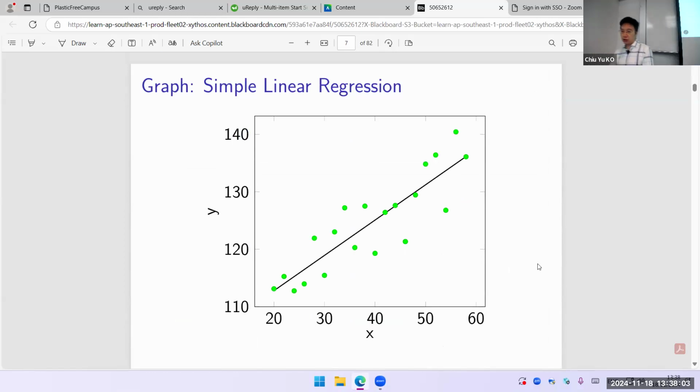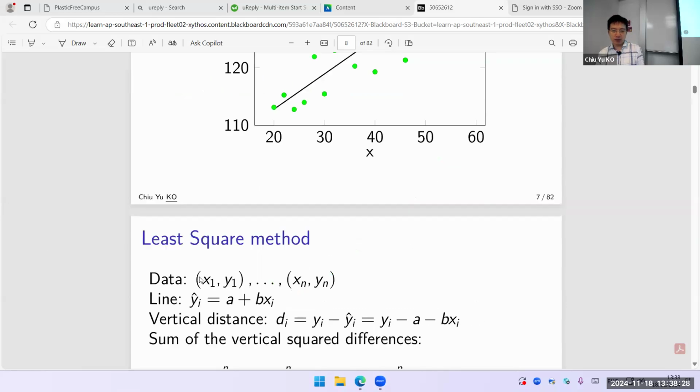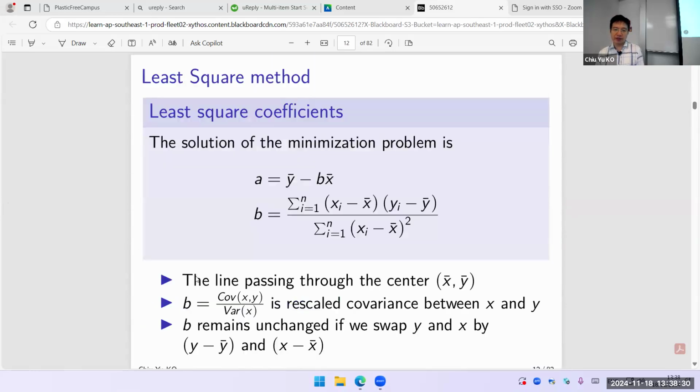If you recall, if you try to fit this line, find the best fit by looking at the vertical distance, and you want to minimize the sum of the vertical distances, that's called the least squares procedure. It turns out there's a unique minimizer, and there's only one, and it turned out to be like this.